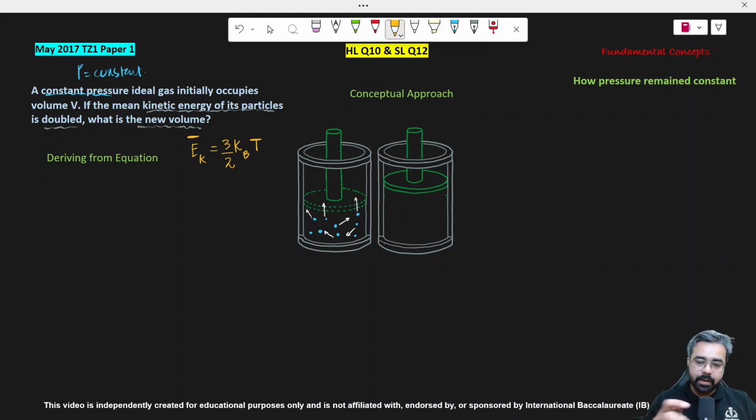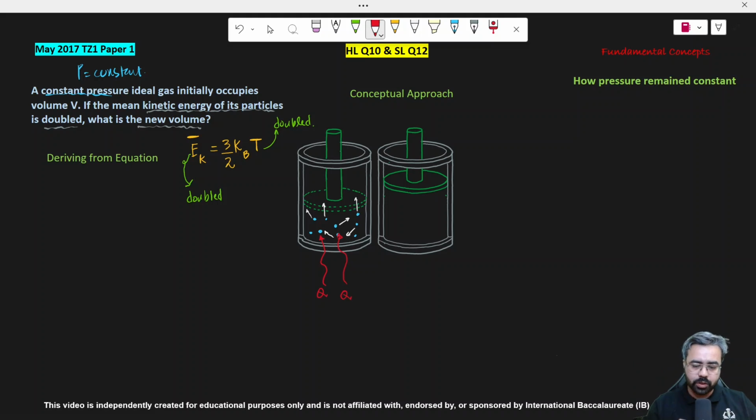Now, if they say the kinetic energy is doubled, it means that the temperature was also doubled, because it is directly proportional to temperature. And by the way, why was it doubled? Because it means that we have given heat to the gas. This heat entered the gas and increased the kinetic energy of every particle, and hence the speed has increased.